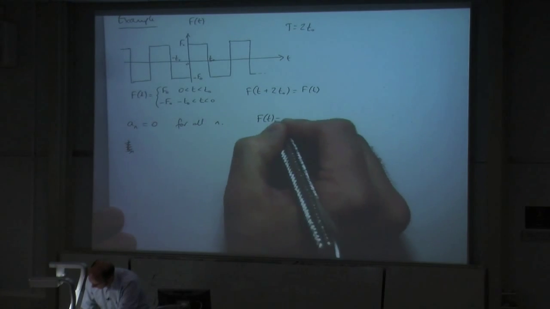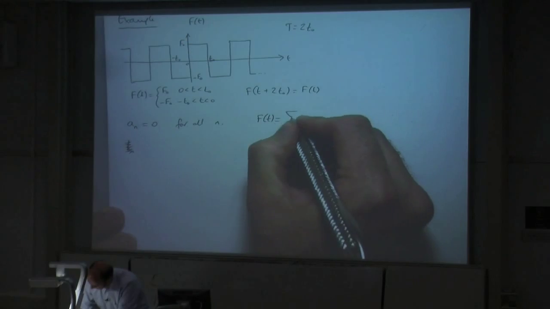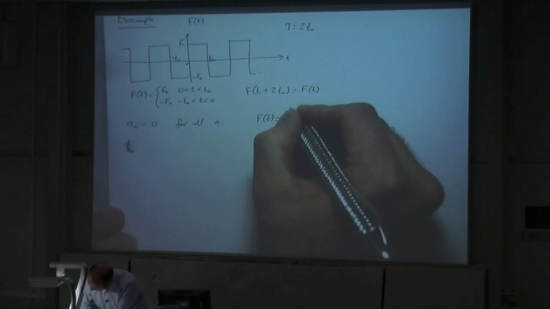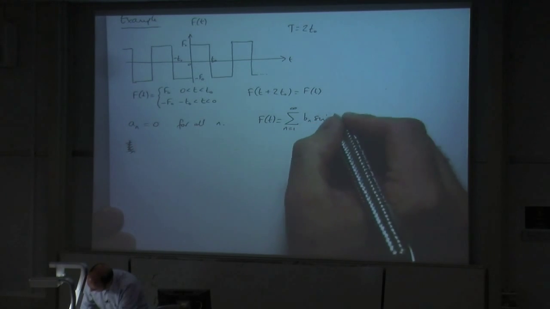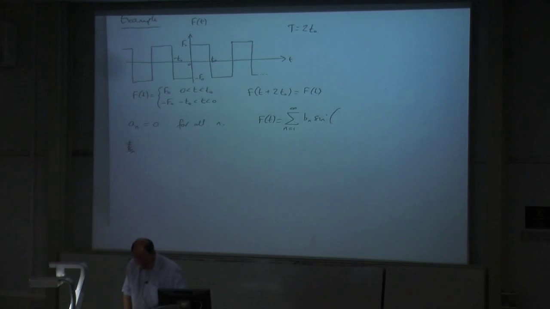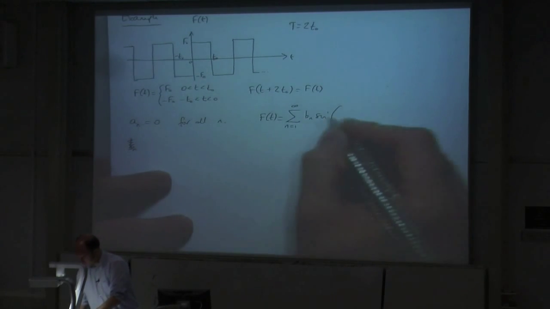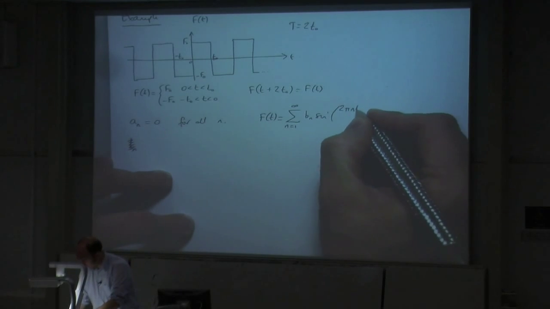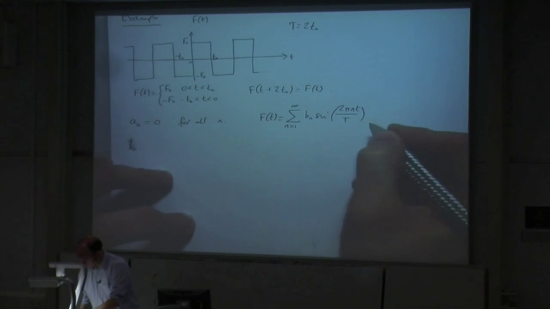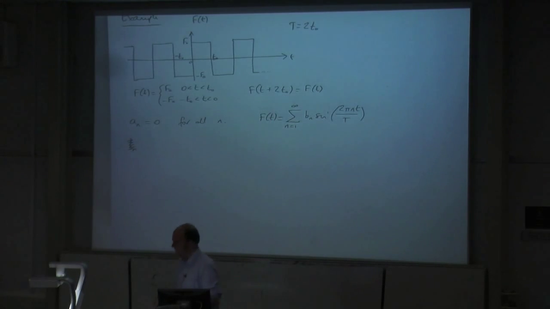F of t is going to be, we've said that an is 0, the sum n equals 1 to infinity of Bn sine of 2 pi n t divided by T. So that's our solution, because an is 0 and a0 is 0.